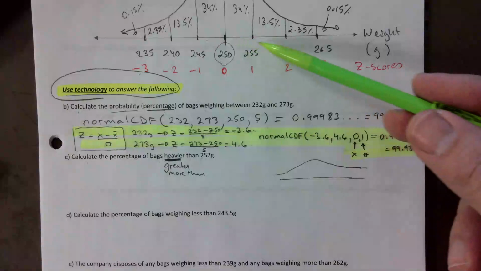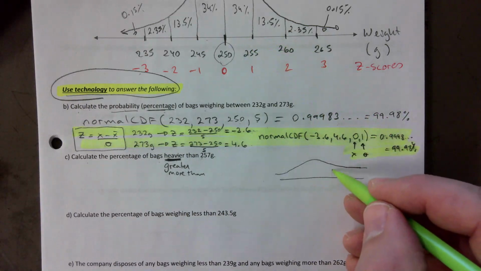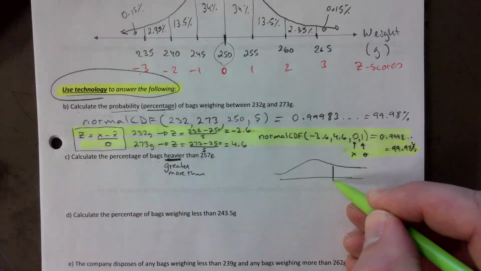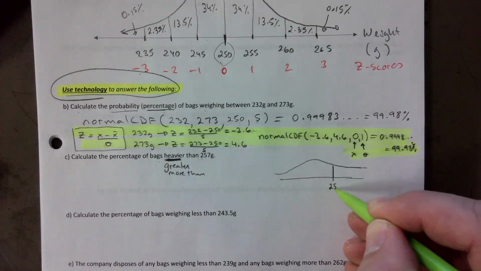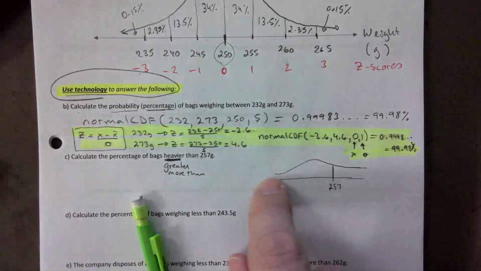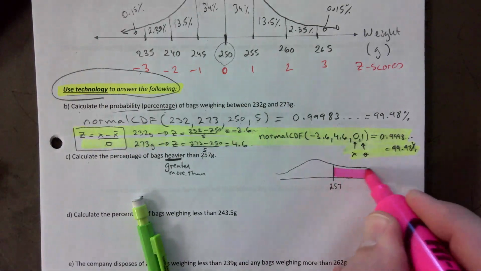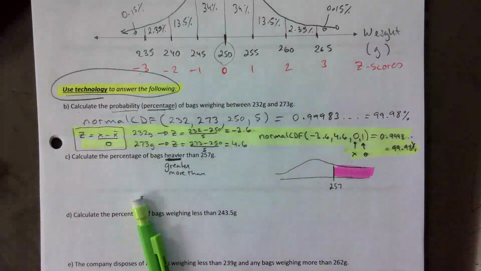This is the mean, right? It's a little bit off here. It would be somewhere in there. So you just kind of tell yourself, this is 257 here. And what am I finding? Everything to the left or to the right? To the right. I'm interested in this.